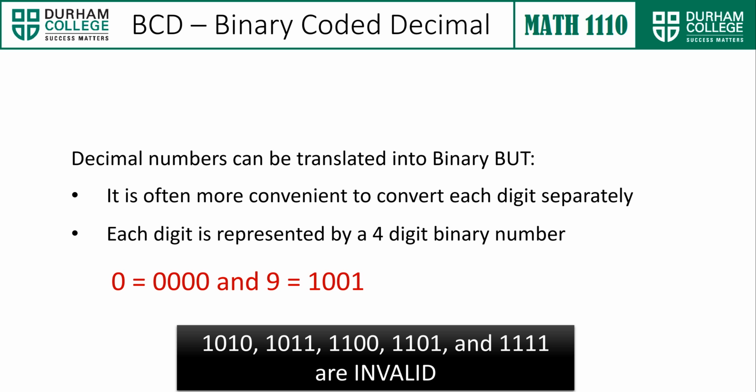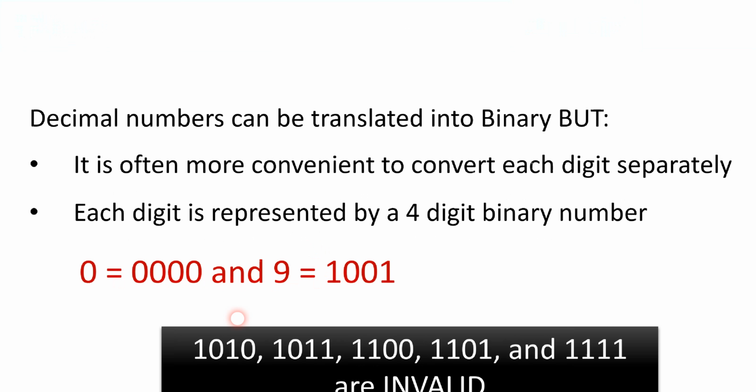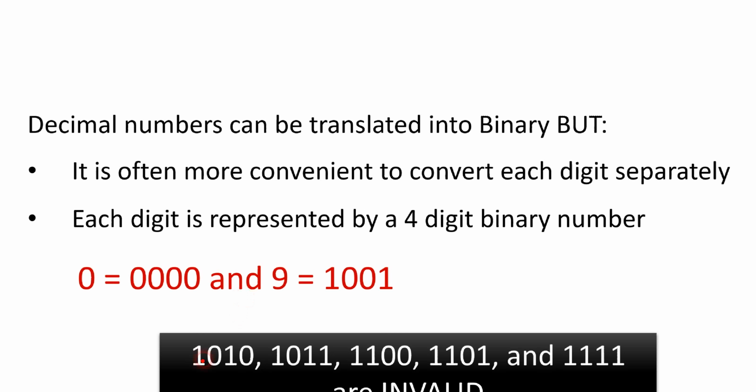So anything like 1010, that is representative of the number 10 in decimal, would definitely not be valid. Why? Because that's in the fourth bit, so it represents the number 8, and this is in the second bit, so it represents the number 2.